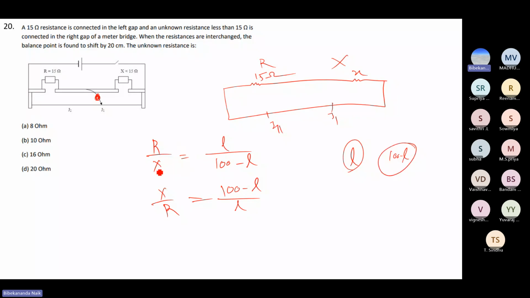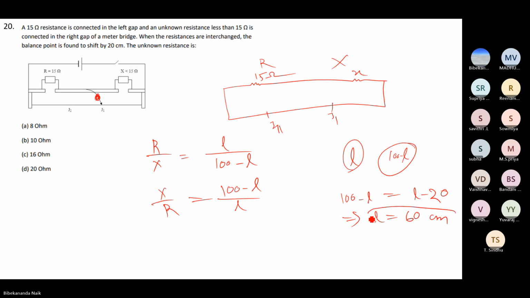Since X is less than 15, 100 minus L will be less than L. So 100 minus L will be equal to L minus 20, because that difference is 20.